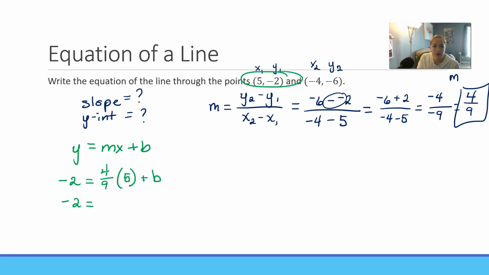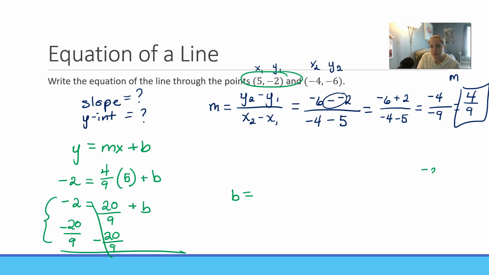-2 equals, multiply this is 20/9, just the top, right? 4 times 5 is 20. Yay! Subtract 20/9 from both sides. A little fraction work here. I knew you were missing the fractions. So we have -2 minus 20/9.